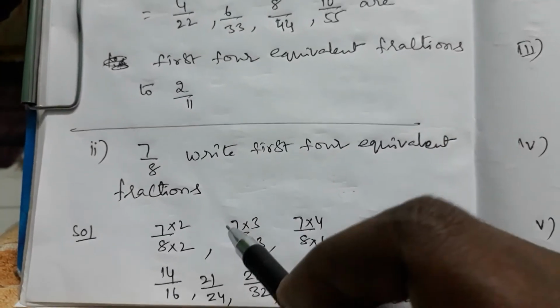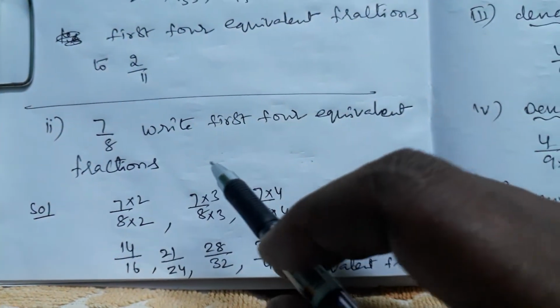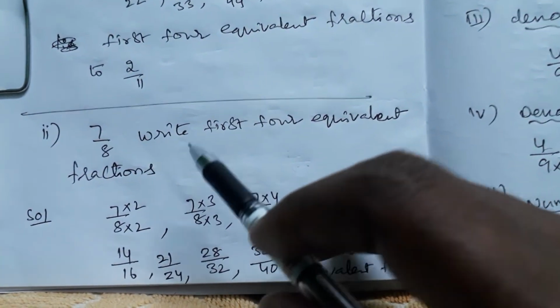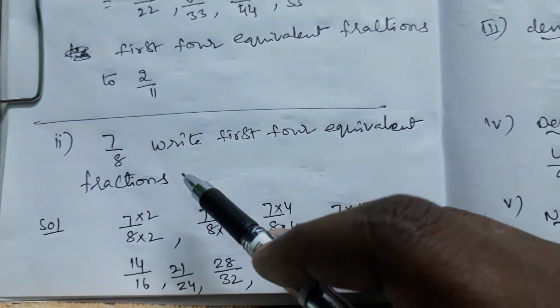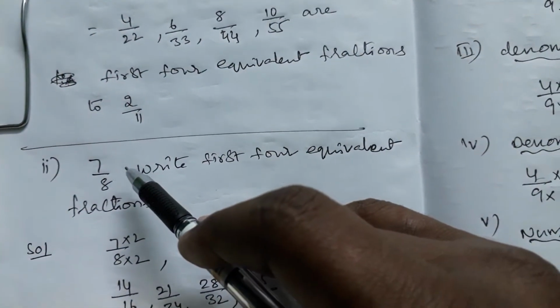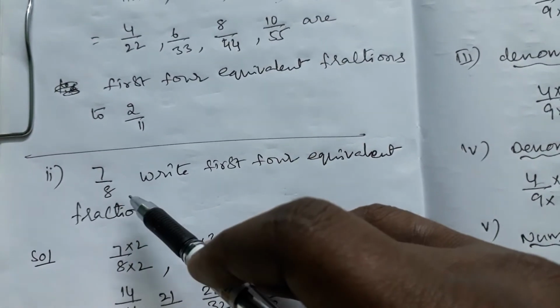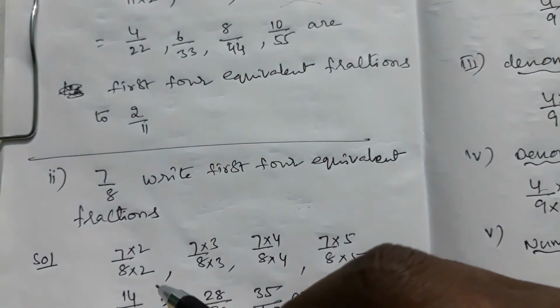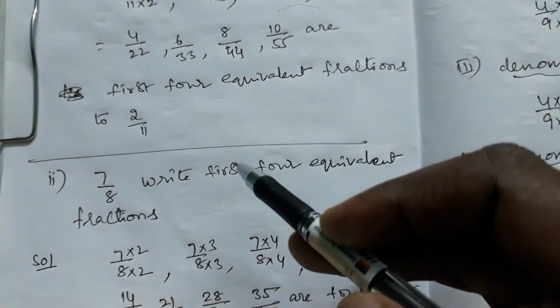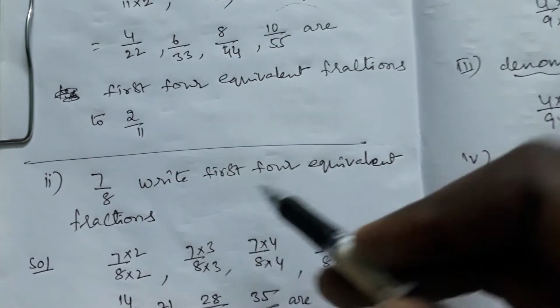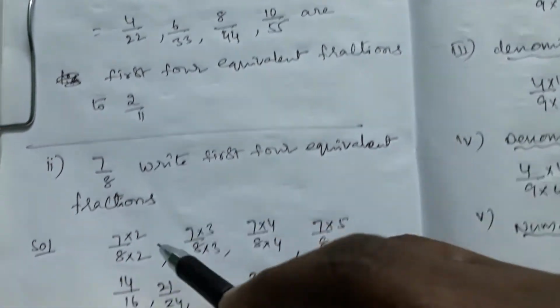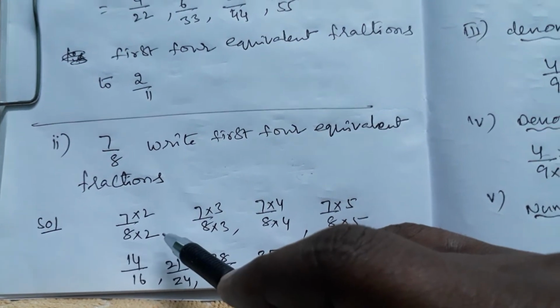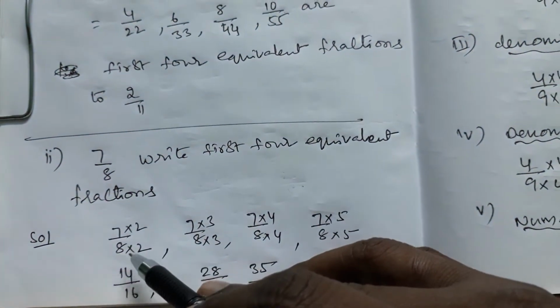Similarly, 7 by 8. For this, first 4 equivalent fractions, if I start by multiplying with one table, you will get the same number. But he asked the equivalent fractions and beginning 4. So start with the 2 table. 7 twos are 14, 8 twos are 16.